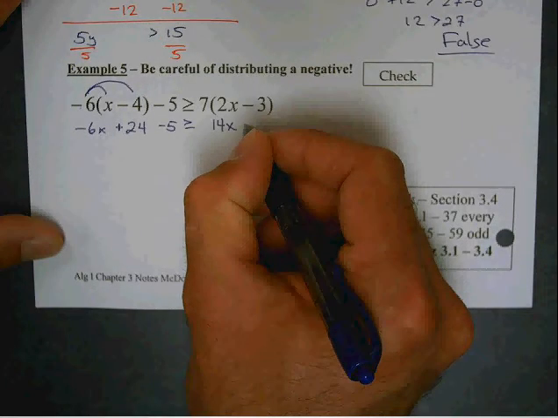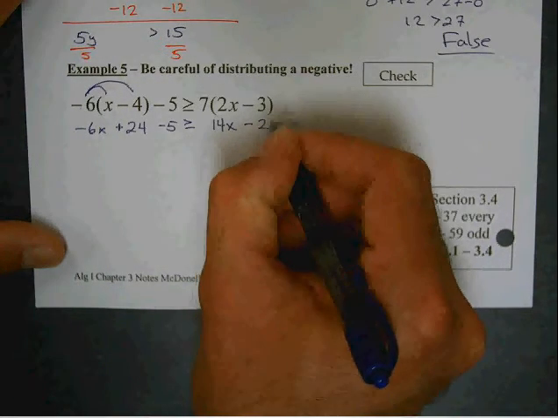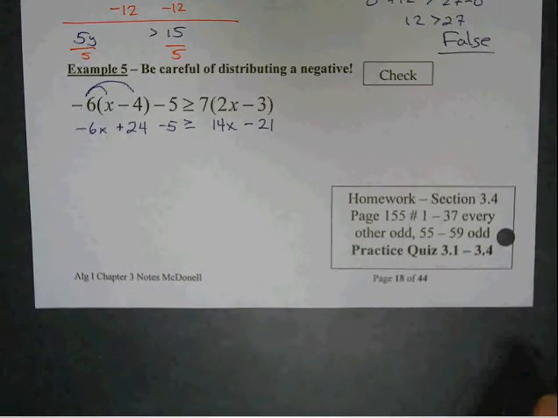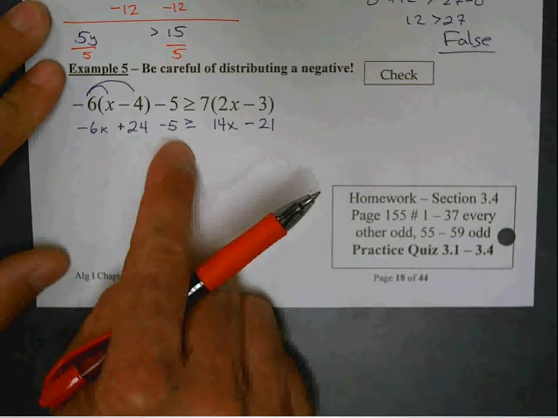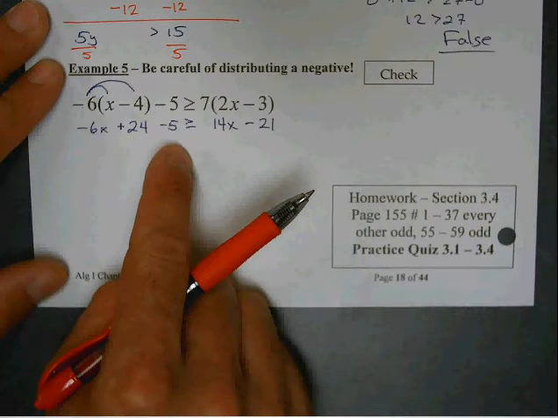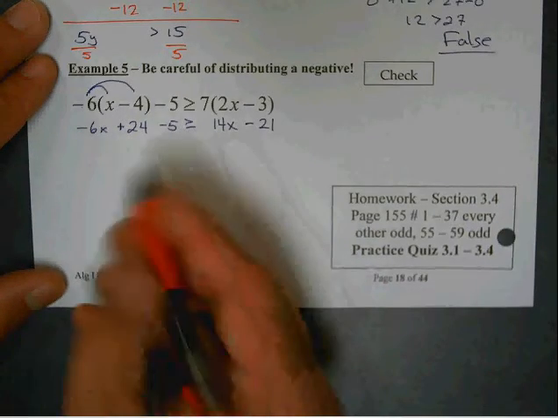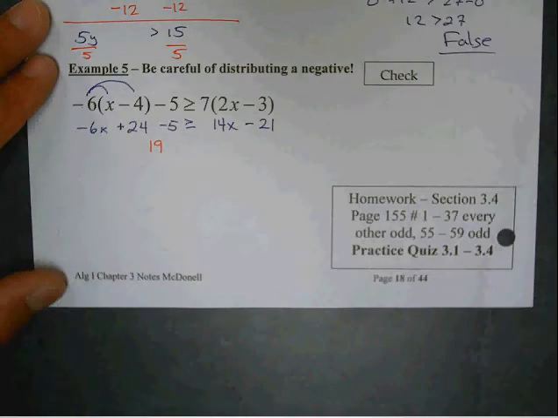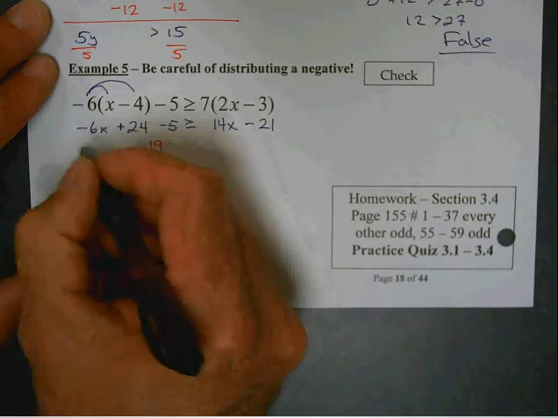Keep going. Good, and minus 21. All right, let's combine like terms. Can we combine anything on the left? All right, Brittany, what? Okay, that's 19, right? Nothing else changes.